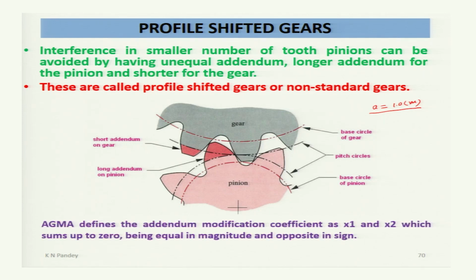AGMA defines the addendum modification coefficients as x1 and x2, which sum up to 0, being equal in magnitude and opposite in sign. AGMA is the American Gear Manufacturers Association.